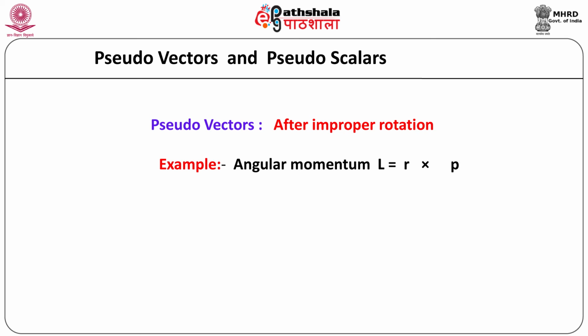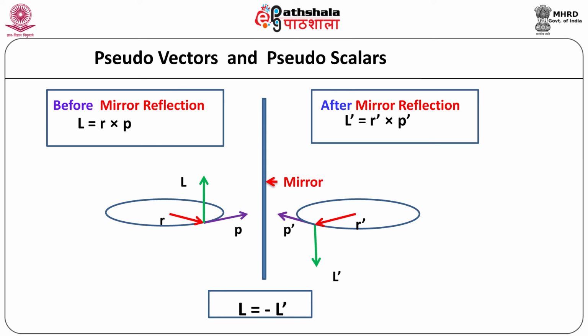Angular momentum, which is given by L is equal to R cross P, is an example of pseudo vector. In this, note down the vectors after mirror reflection and note the result that L is equal to minus L dash. Thus, there is a change in the sign. Hence, angular momentum is a pseudo vector.